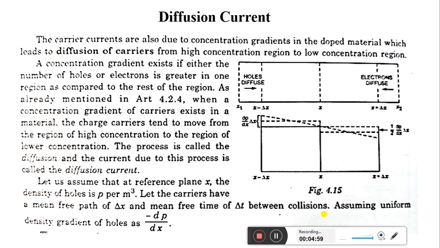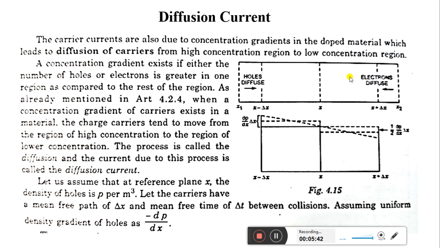Between collisions means once one electron has a collision with another electron, it travels a small path, called the mean free path delta x, and the time taken between collisions is called delta t. Assuming a uniform density gradient of holes, if P is the density of holes in the reference plane x, they will move delta x either to the left or right.